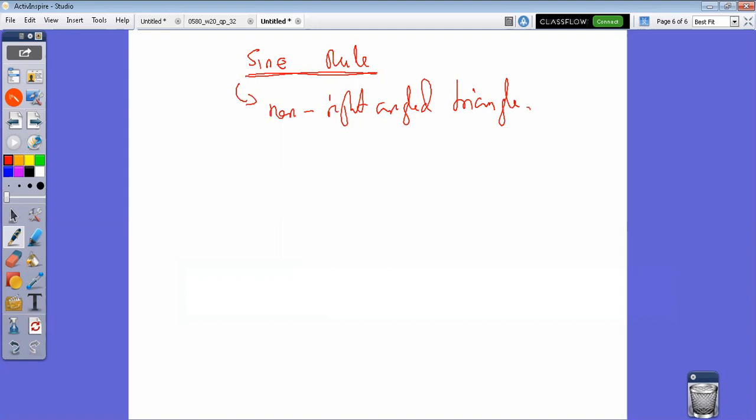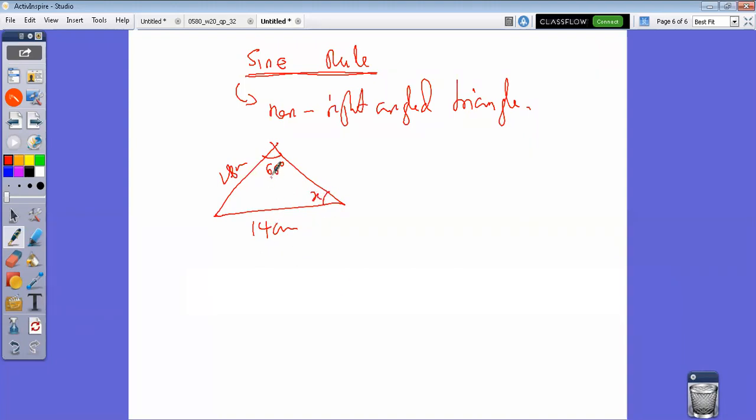Non-right-angled triangle. So you're going to ask me, what do we use it for? Or when do we use it? Let me give you scenarios. If you have a non-right-angled triangle like this, and I'm given this angle, for argument's sake, 66 degrees, and I'm told this side is 14 centimeters, and this side is 18 centimeters, and I'm asked to find that angle.